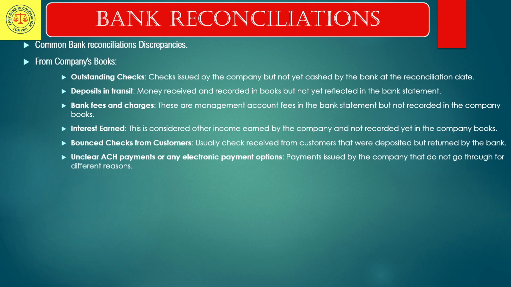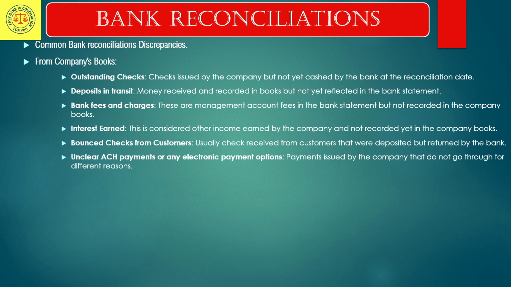In ACH payments, it usually happens when we miss one of the steps, or according with the bank policy, we submit the ACH payment or the wire transfer after a certain hour, so they don't honor the payment on the same day, just in the following 24 hours or following day.